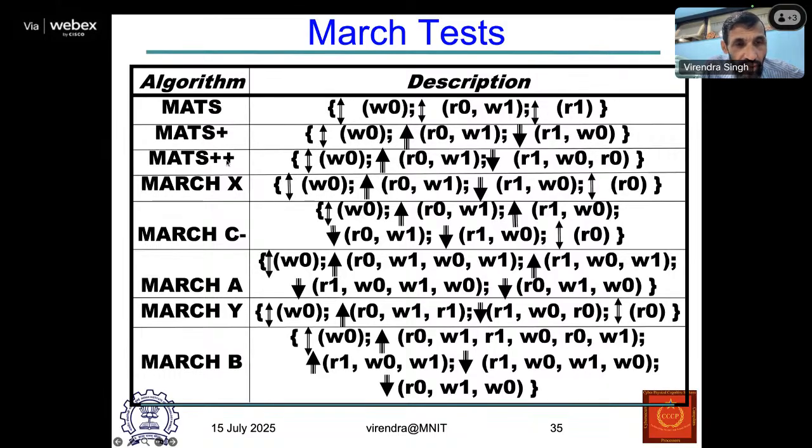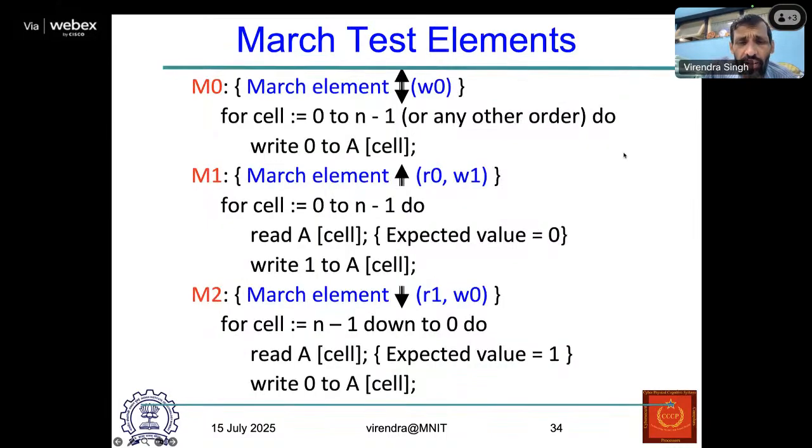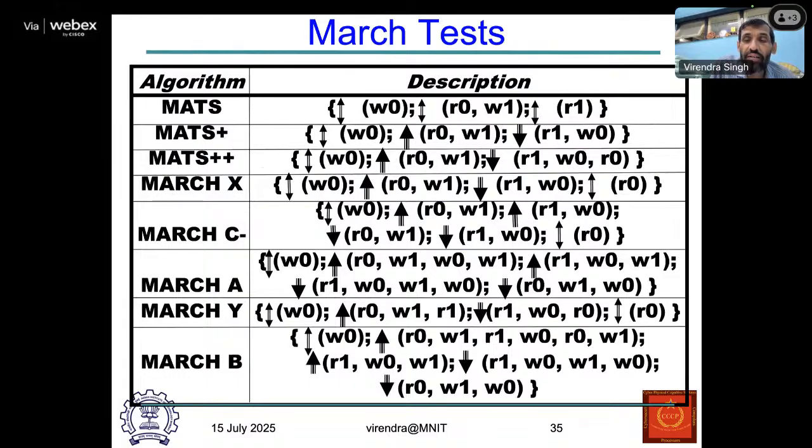Then it was augmented as March Plus Plus, where one more operation is added, so in that case this becomes 6n and so on. So I'll discuss why I need to go for this.